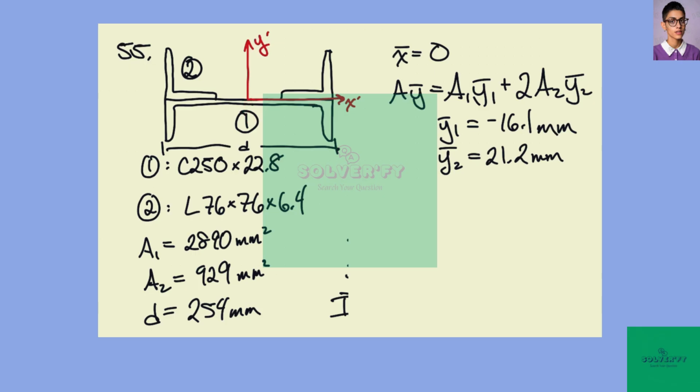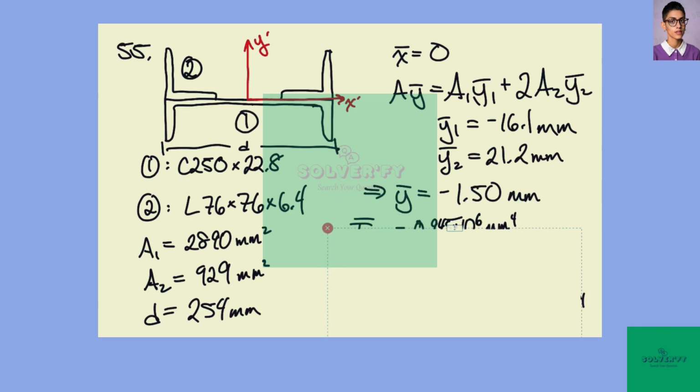And then this is 21.2 millimeters up from this part of the L bracket, so up here. And then this one is also up here. We plug in all of those numbers and we get that the centroidal Y coordinate is minus 1.5 millimeters, so down here somewhere.